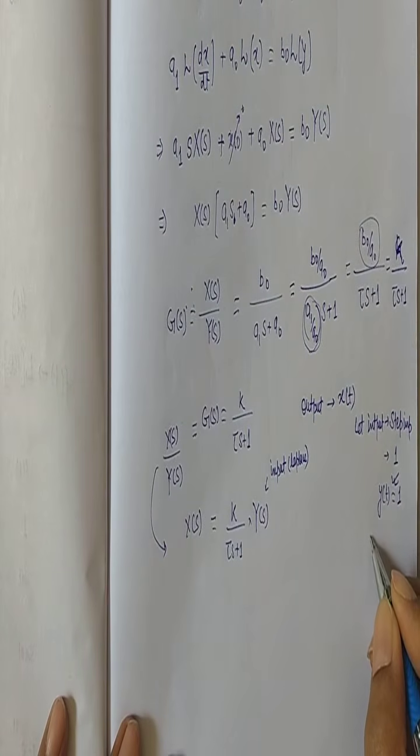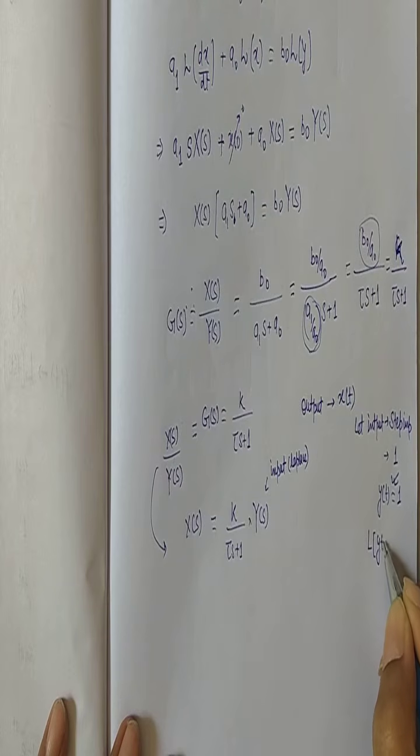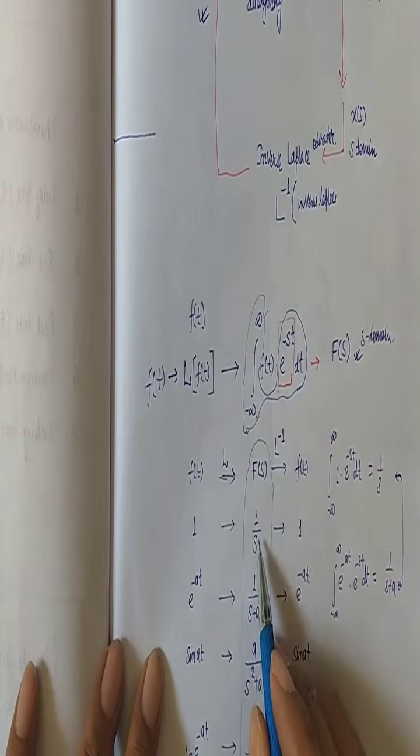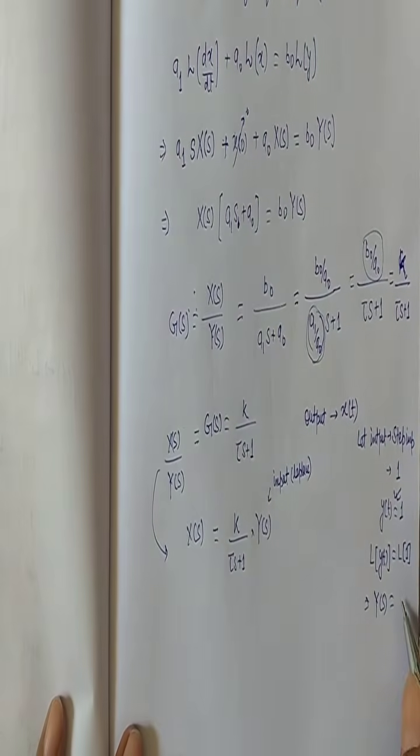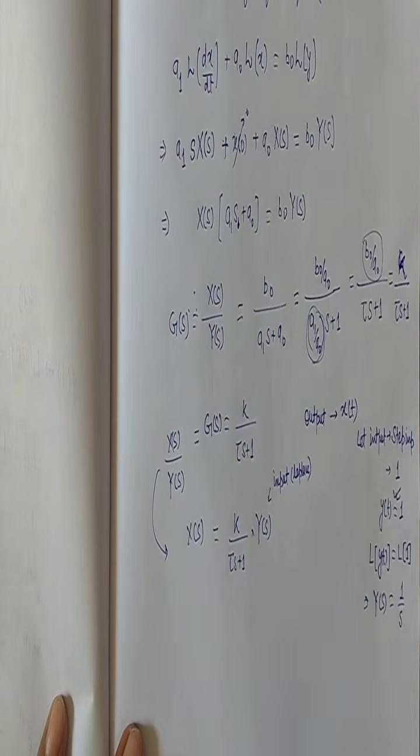So let me do the transform here. Laplace transform of y(t) is equal to Laplace transform of 1. So I get Y(s), and the Laplace transform of 1, I have already told, is taken as 1 upon s. So we write 1 upon s.